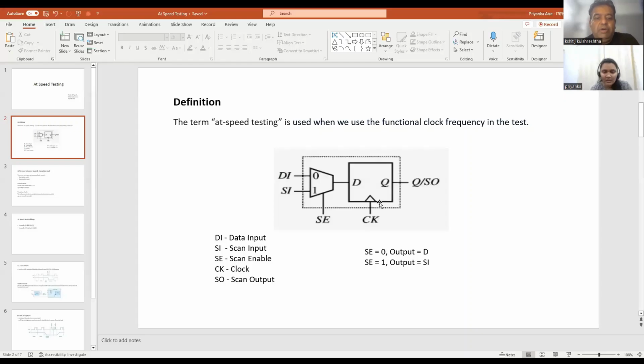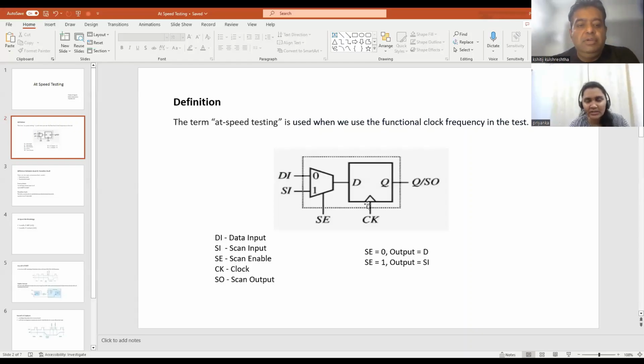Okay, I'll check. Yes, now I am able to see. Are you sharing? Yes, I'm sharing. Are you able to see? Yes, I can see. Okay. You can use the slide in full view.